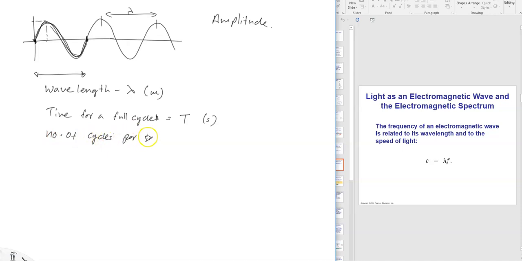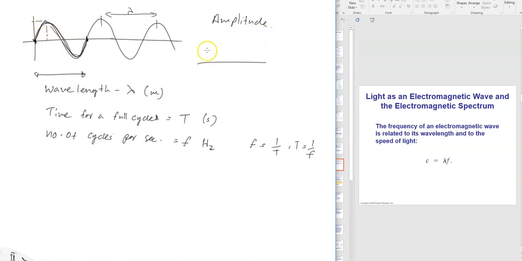Number of cycles per second is called the frequency, measured in hertz. And we know that frequency is 1 over time, or time is 1 over f. So wavelength is given by lambda, and amplitude is how tall the wave is.